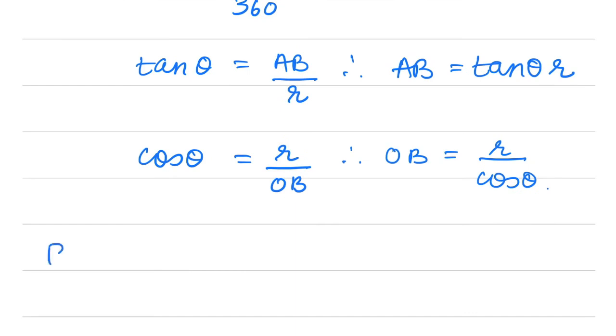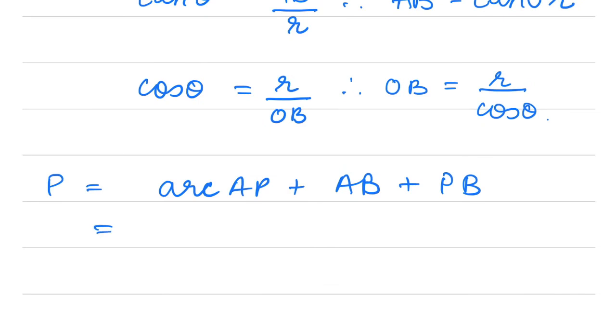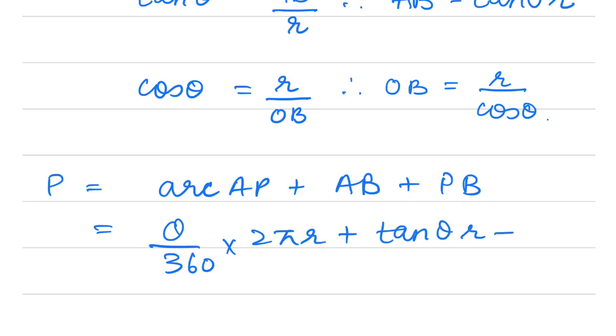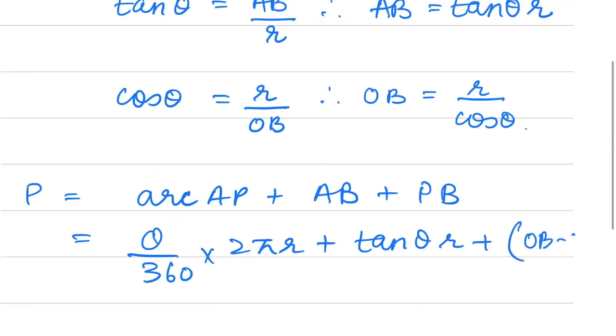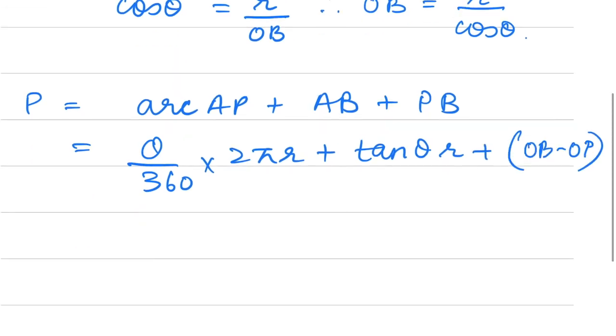So we have again perimeter, I'll write down arc AP plus AB plus PB. So we have arc AP, we have already found out, theta by 360 into 2 pi r plus AB is tan theta r, PB is OB minus OP. So 2 gets cancelled with this 180.